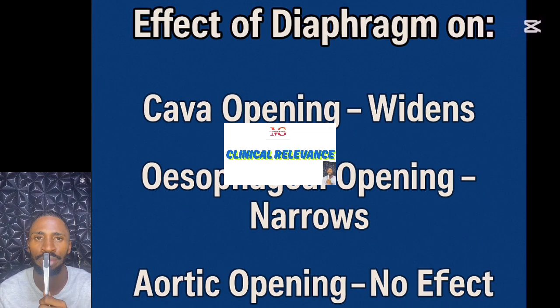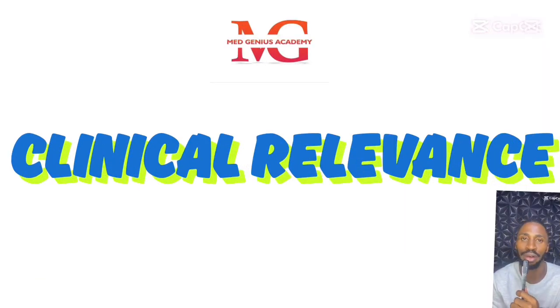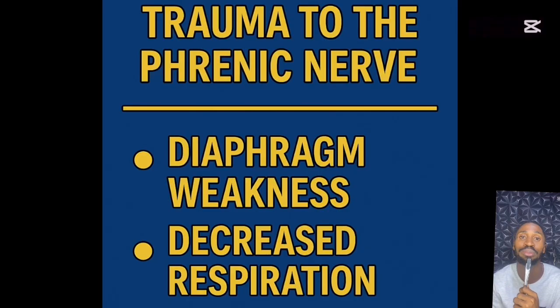Very simple. Yes, what is the clinical relevance of the diaphragm? Remember, I said that the diaphragm is a primary muscle of respiration, which means the diaphragm needs to be contracted for respiration to occur, because it's the principal inspiratory muscle together with the external intercostal muscle.